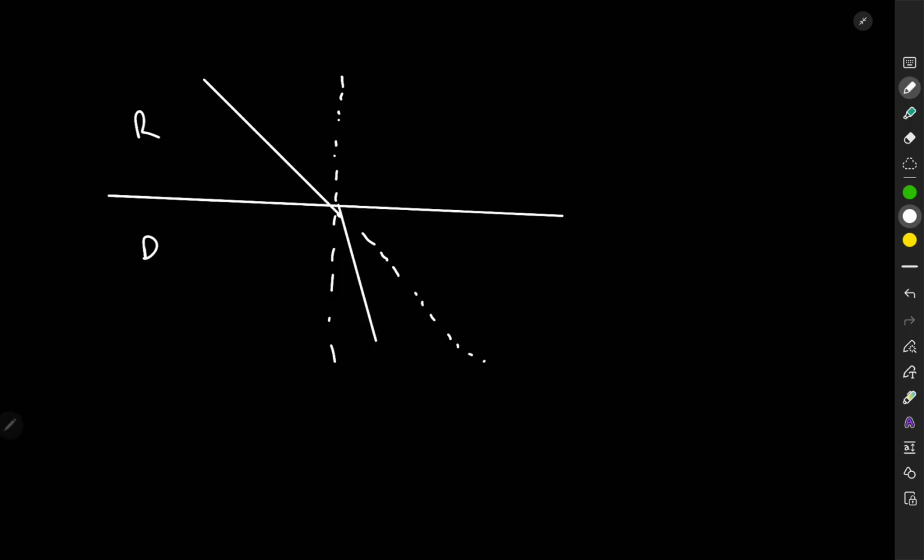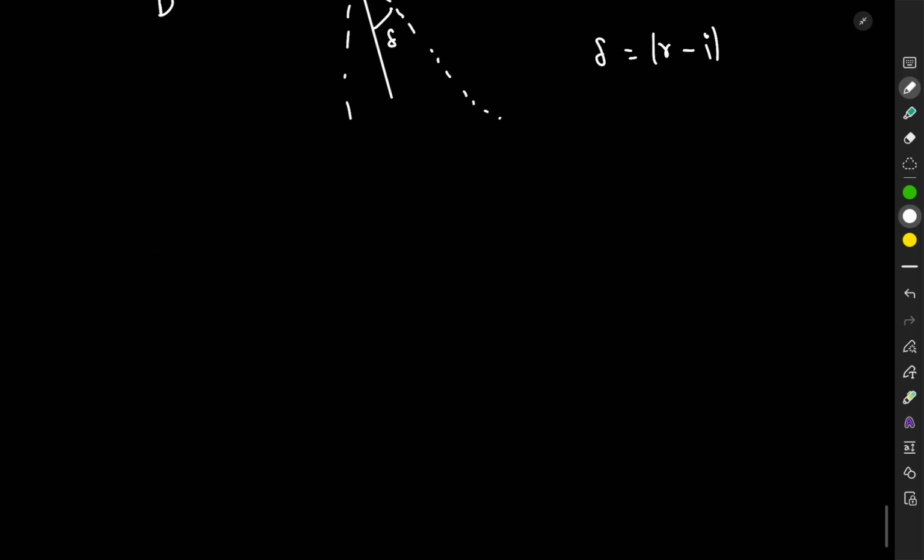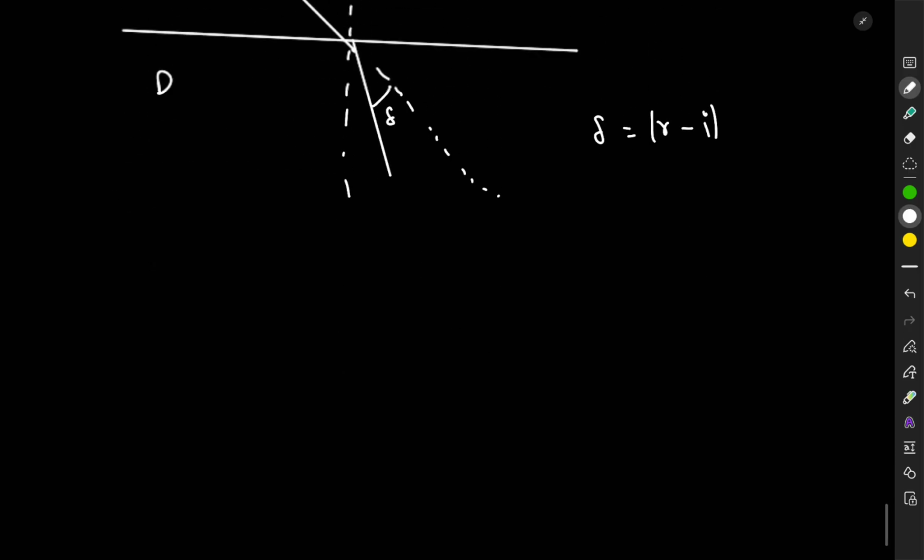So this will be delta. Delta will be equal to |r minus i|, where r is the refracted angle and i is the emergence angle. Now just remember the formula.